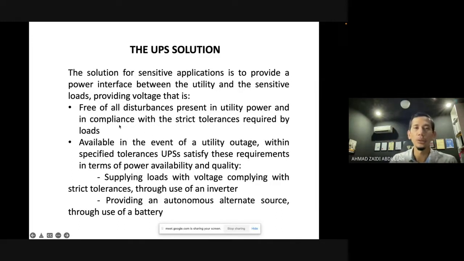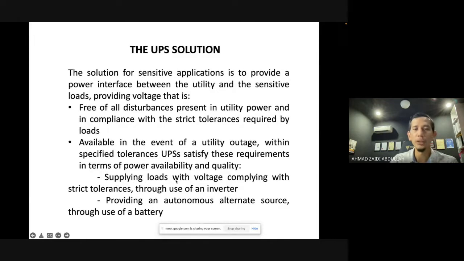So we apply UPS because we want to get this power quality, free of disturbance. And it is available in the event of utility outage or trip within specific tolerance. UPS satisfies this requirement in terms of power availability and quality.